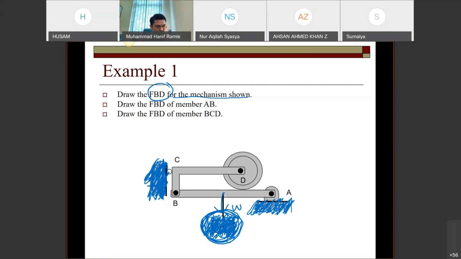No, not D, because you're not excluding D. You cannot put the reaction there. The place where you have to put a reaction is the location where you removed the external bodies. At point A, upwards. Point A, upwards only.